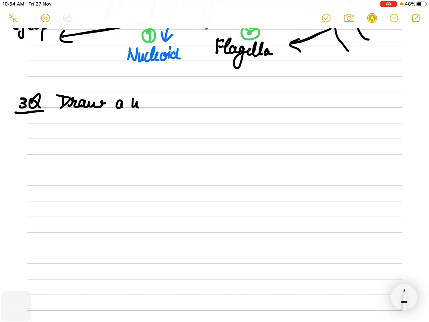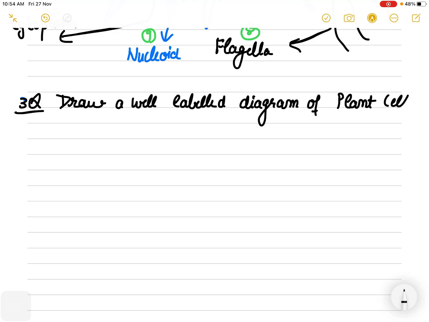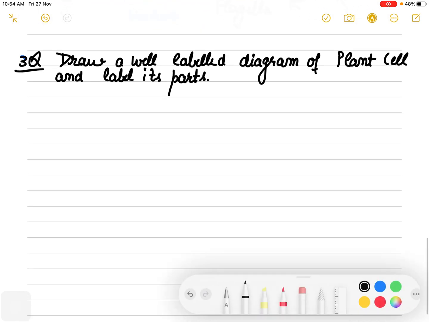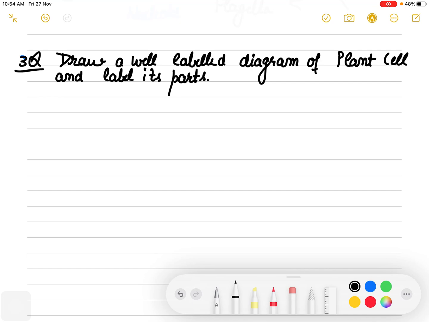So draw a well labeled diagram of a plant cell and label its parts. Because many times I have observed that the diagrams given in your book, you are not able to understand them, so you don't want to draw them.